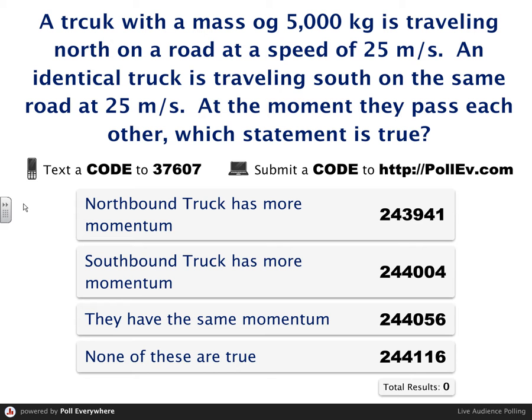Northbound truck has more momentum, southbound truck has more momentum, they have the same momentum, or none of these are true. Which of these statements best describes the situation as they pass each other?